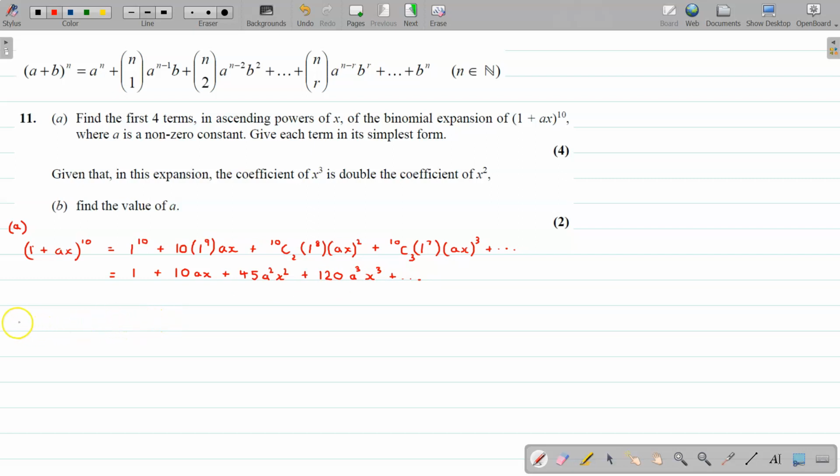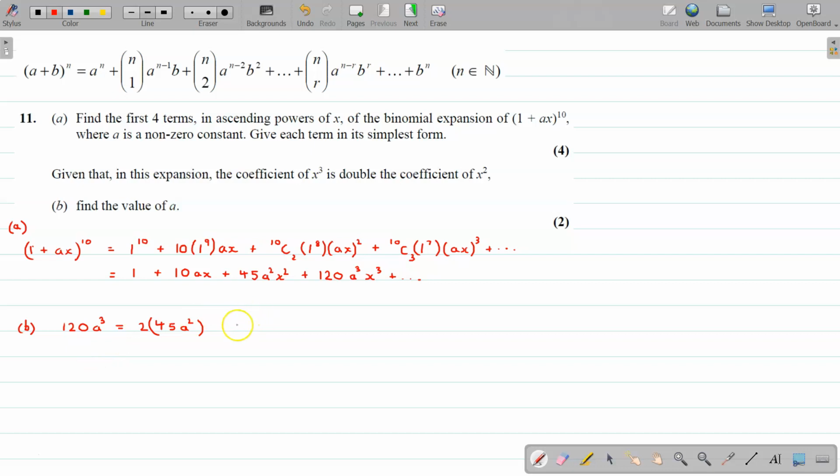Okay, so we just need to say that 120a cubed is simply equal to 2 lots of the coefficient of x squared, which is 2 lots of 45a squared. Okay, and that's obviously 90 lots of a squared. I'm just writing it like that to show what I'm doing.